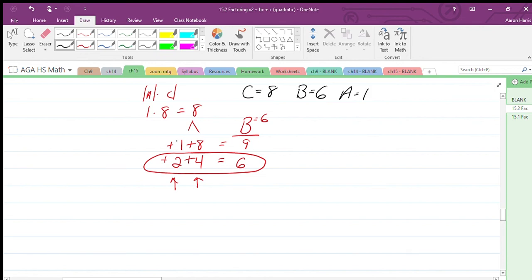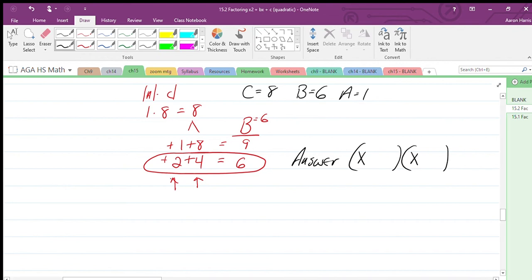So we did the factors of 8. We found out which ones add to B, which was 2 and 4. So my answer in factored form, I write 2 parentheses like that. I'm going to put X as the first term, just by itself. X as the first term, okay?